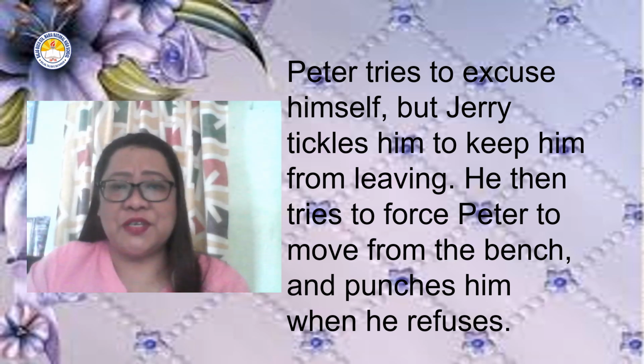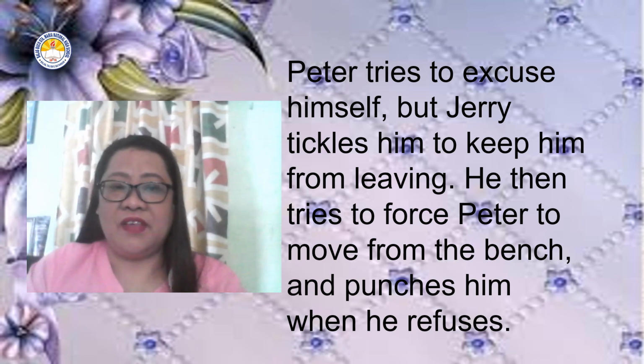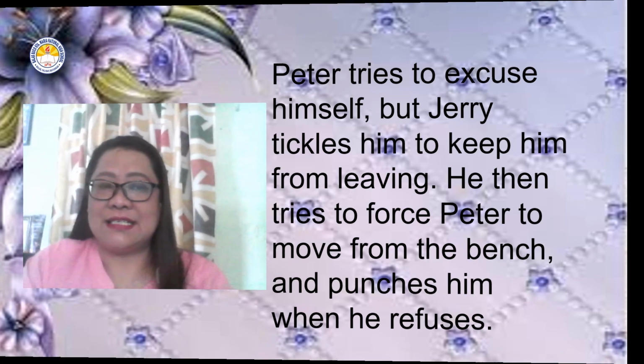Peter tries to excuse himself, but Jerry tickles him to keep him from leaving. He then tries to force Peter to move from the bench and punches him when he refuses.